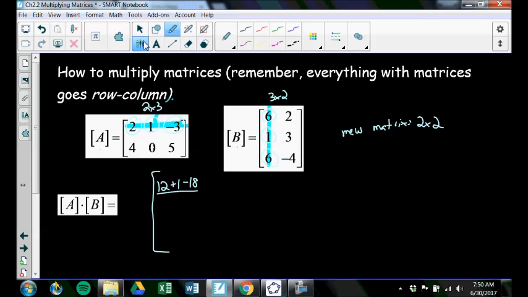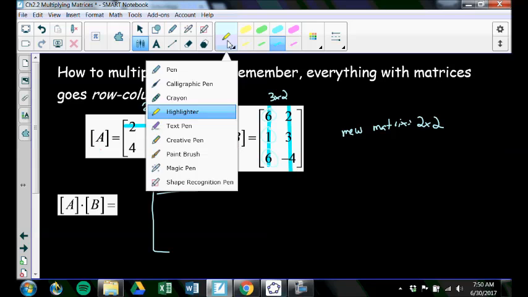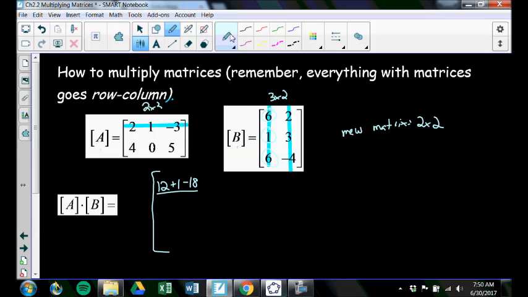Now, I'm going to erase all this. I'm going to do this row onto this column. Row onto column. So this goes 2 times 2 is 4. 1 times 3 is 3. Negative 3 times negative 4 is positive 12, and I'm adding all those things up.